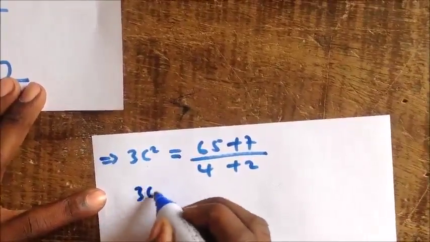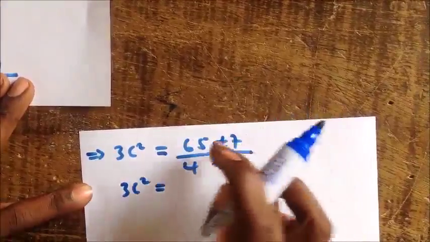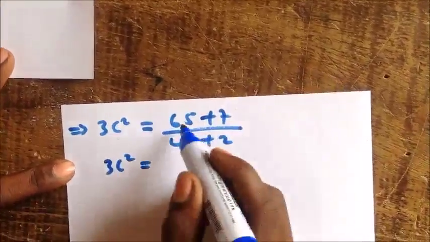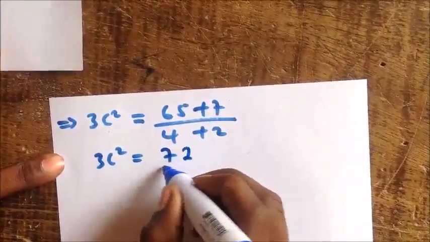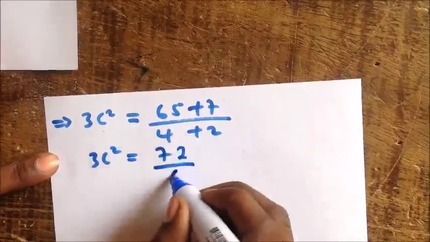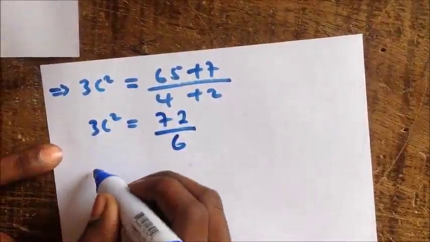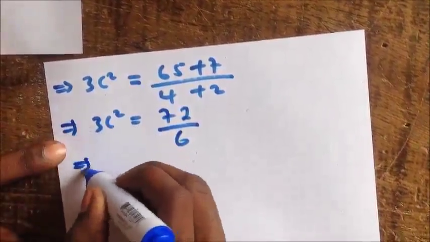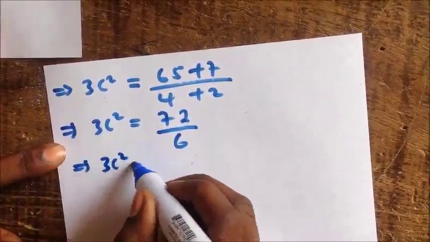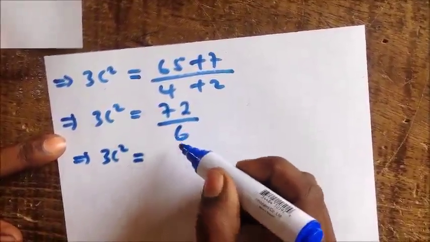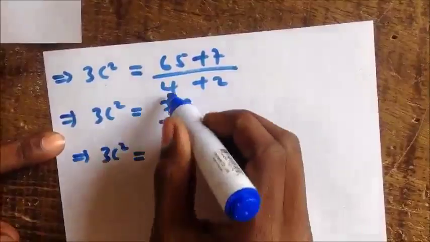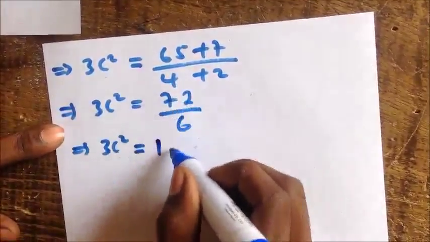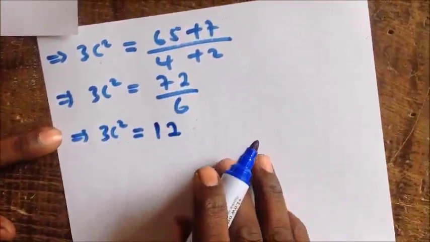We now simplify. 65 plus 7 is equal to 72, and 4 plus 2 is 6. So 3c squared is equal to 72 divided by 6, which is 12.